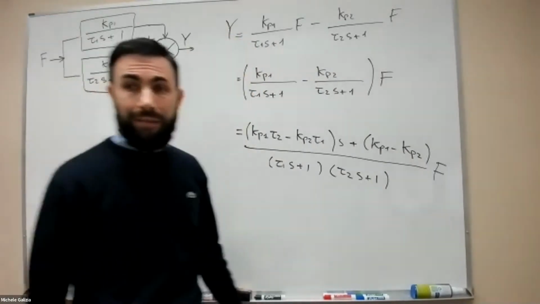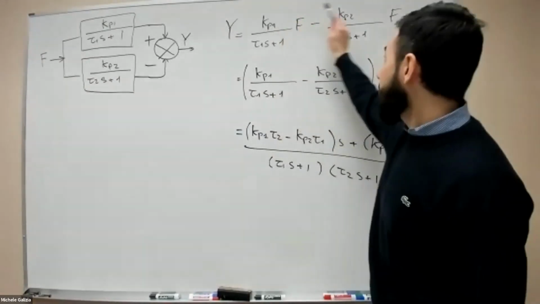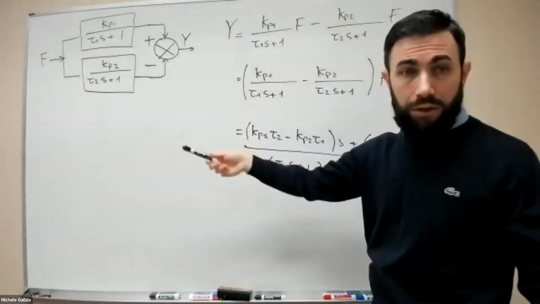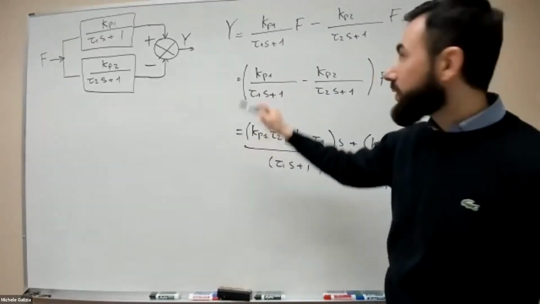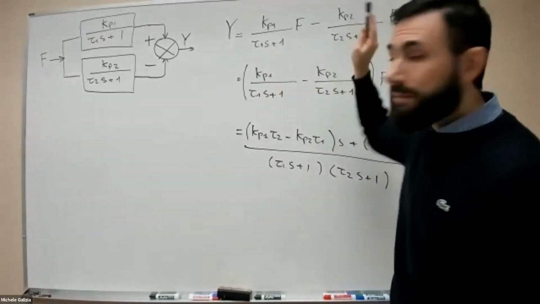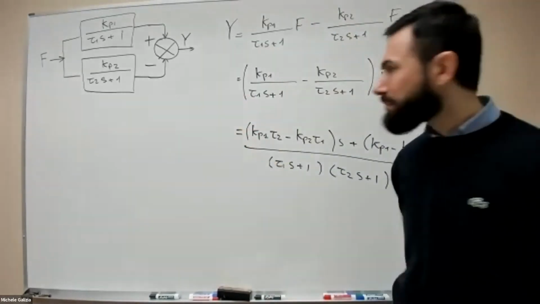Each of the two systems has a static gain that is Kp1 and Kp2. Each of the two subsystems has a characteristic time constant that is tau1 and tau2. So the two systems are different.